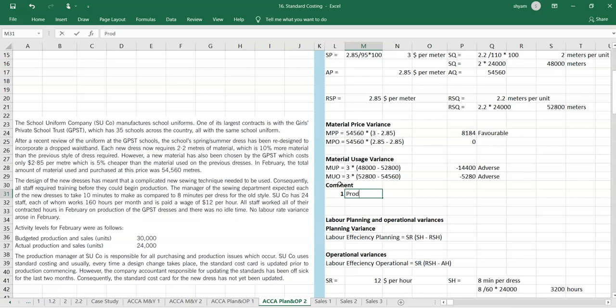The production manager has bought the raw materials at the RSR.